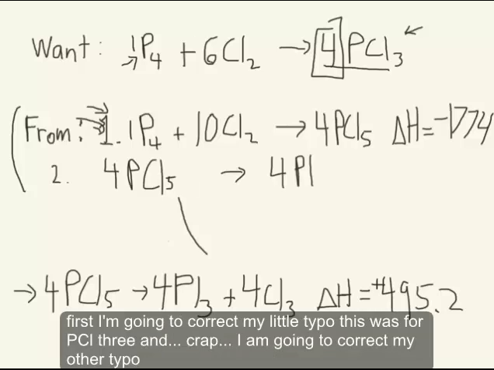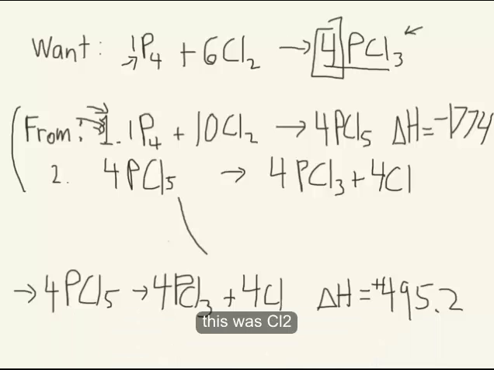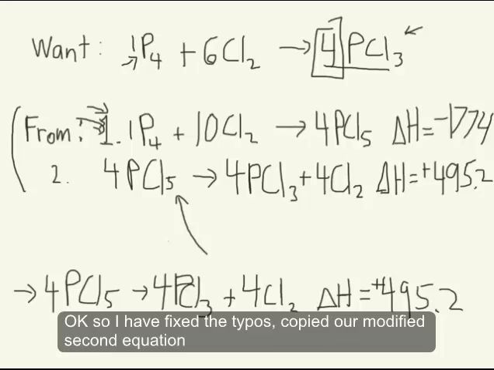First, I'm going to correct my little typo. This was 4 PCl3. And I'm going to correct my other typo. This was Cl2. Okay, so I have fixed the typos, copied our modified second equation.